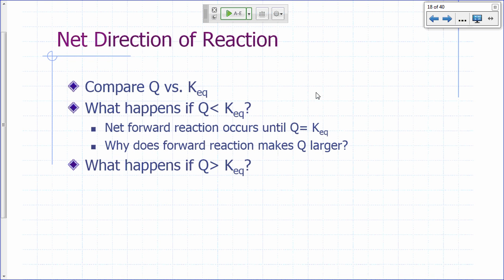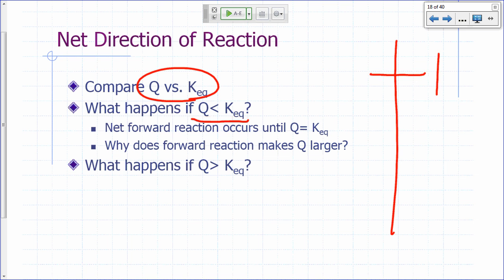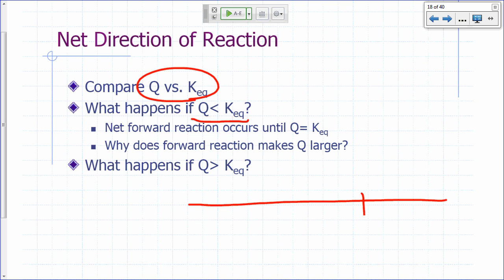Let's talk about the net direction that a reaction will follow when it occurs. All you have to do is compare Q versus KEQ. What happens if Q is less than KEQ? Well, let's draw a number line.